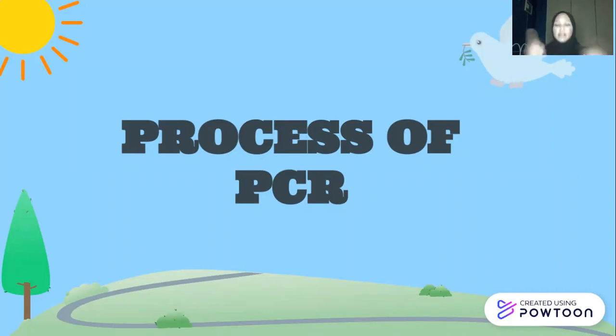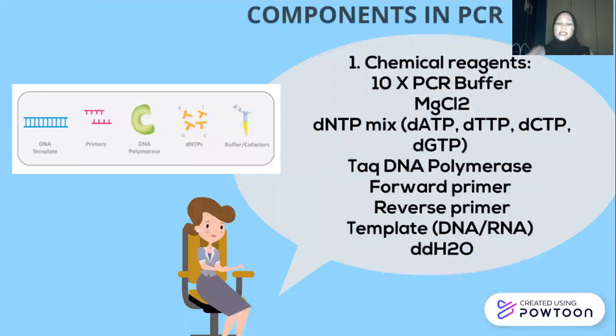for the new strand. And first, I want to tell about the components in PCR. The very important one is first the chemical reagents. There are 8 chemical reagents that must be in the PCR to make our DNA successful.